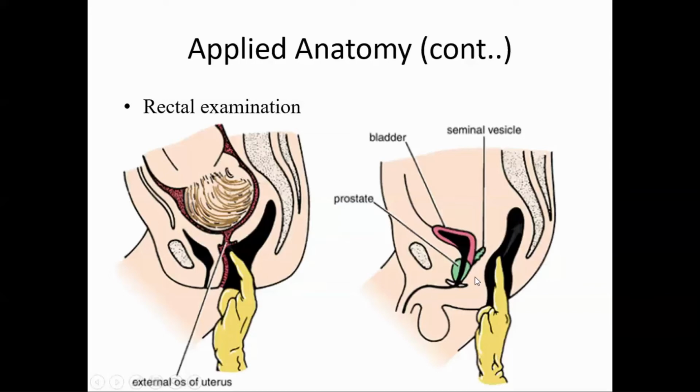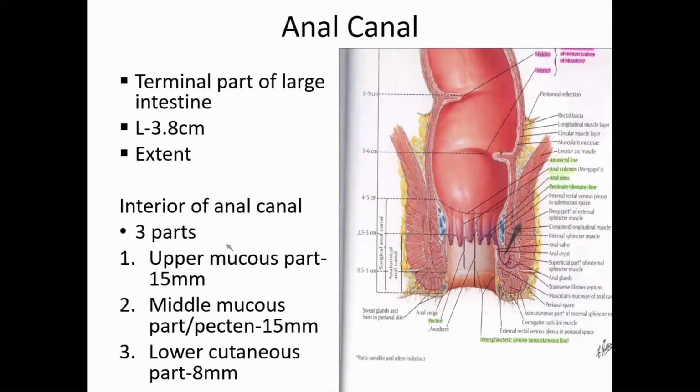In the male, it helps to know the conditions of the seminal vesicle, ejaculatory duct, vas deferens, the prostate gland, as well as the posterior surface of the bladder. How many transverse valves, Houston valves, are present? Three. Among them, which one is important? The middle one.